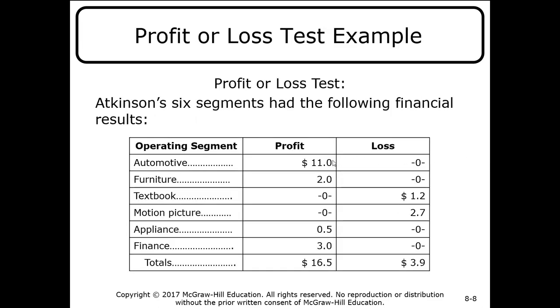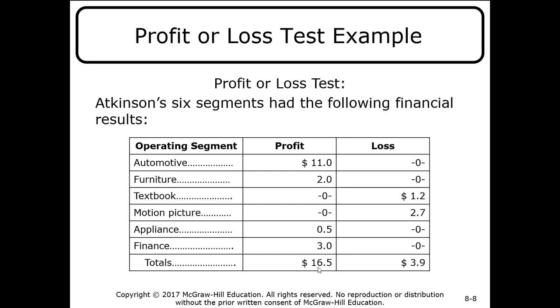Now you calculate profit and loss from that total revenue, and that total revenue is defined as all internal and external driven revenue. Even if the segment is selling to another segment, it is included for the revenue and this profit and loss test. Here, you take the absolute value of the highest column. In this case, the highest of the 2 columns is the profit column, 16.5 versus the loss column at 3.9.